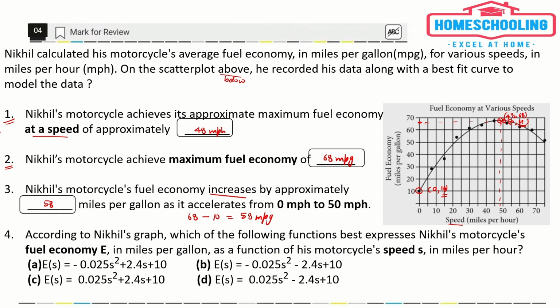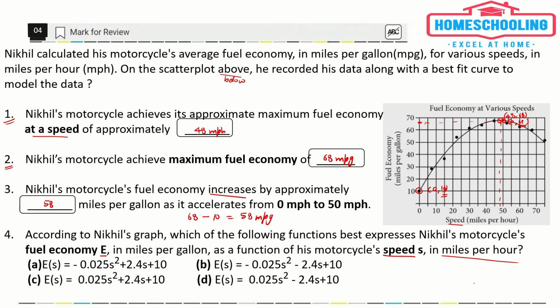Now, in the fourth part of the question, according to Nikhil's graph, which of the following functions best expresses Nikhil's motorcycle's fuel economy E in miles per gallon as a function of his motorcycle's speed S in miles per hour. For this parabolic curve, which is facing in a downward direction, we have to find its quadratic equation.